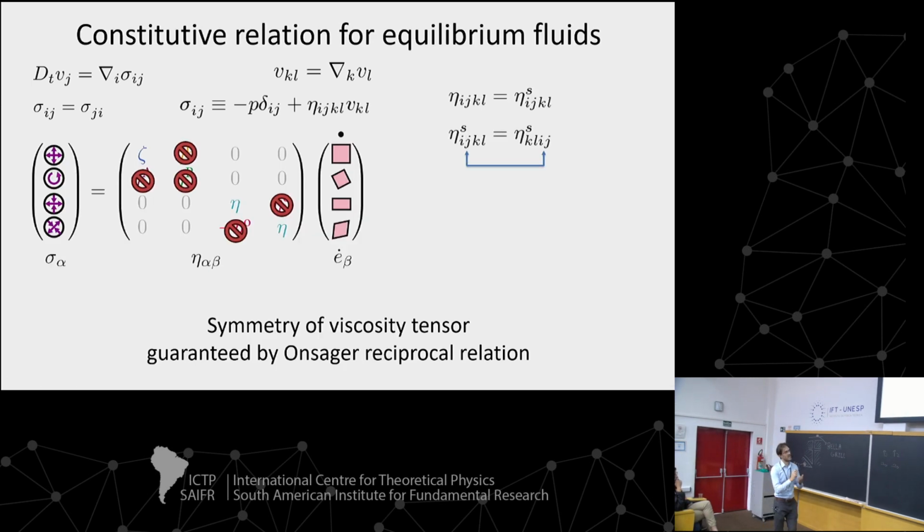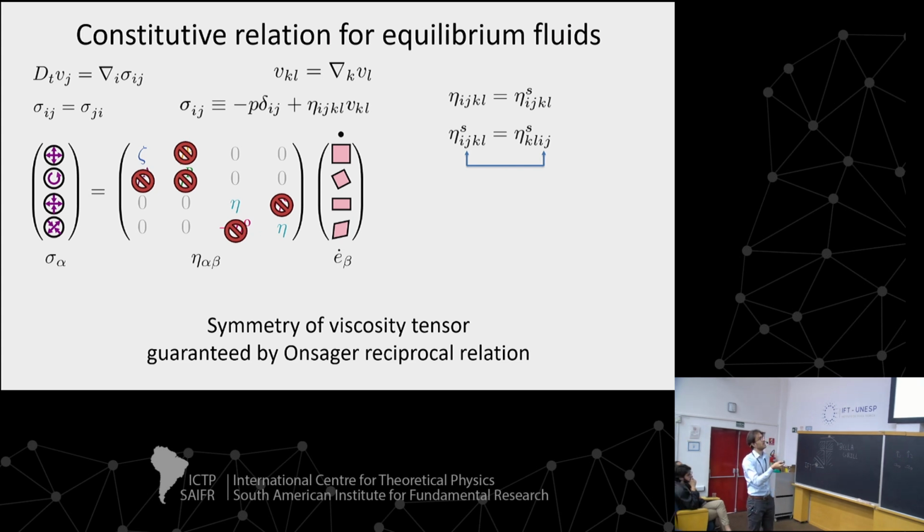All right, so where do these extra components of the viscosity tensor come from? Well, to understand that, let's go back to equilibrium and see why this proportionality matrix has to be symmetric.